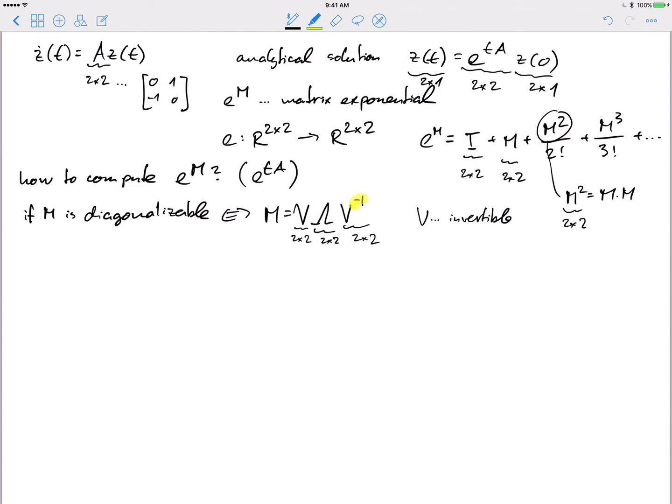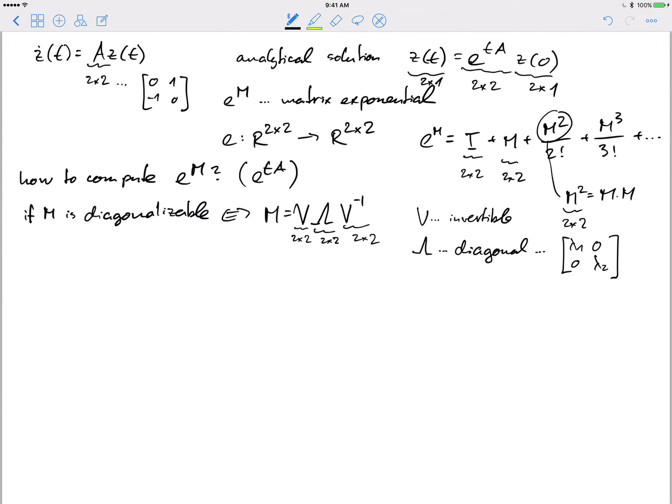That's what this thing means. That's the inverse. And this lambda matrix is diagonal. So that means it looks like this. It means it looks like lambda 1, 0, 0, lambda 2. All right?